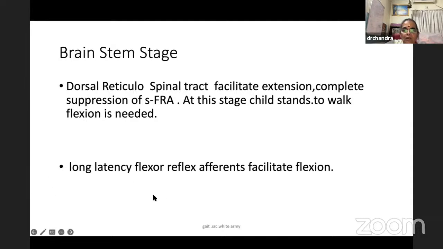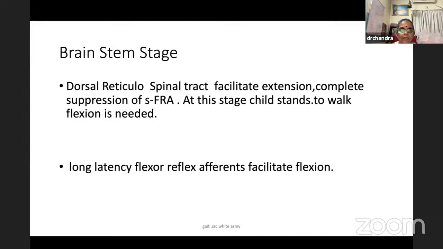And what are the long latency flexor reflex afferents? The child has stood, but the child has to walk. To walk means, now, at the spinal stage only flexion was there. In the brainstem stage, only extension is there. And in the walking stage, we need both flexion and extension. So who is going to do this flexion, because the SFRA is already suppressed?